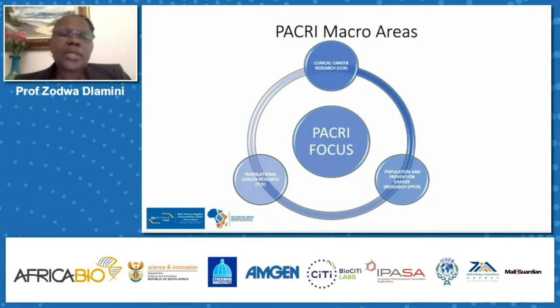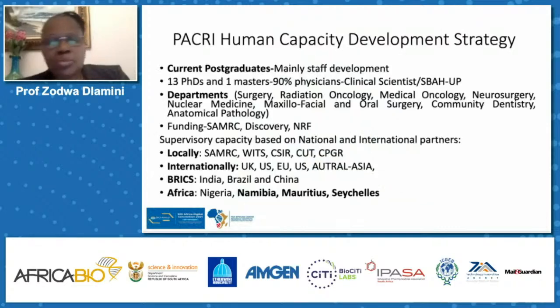So in all these areas, we already have projects that are ongoing for PhDs, and at the moment we have only 1 master's. Can you move forward, please? So the Pakri Human Capacity Development Strategy actually involves mainly staff development.